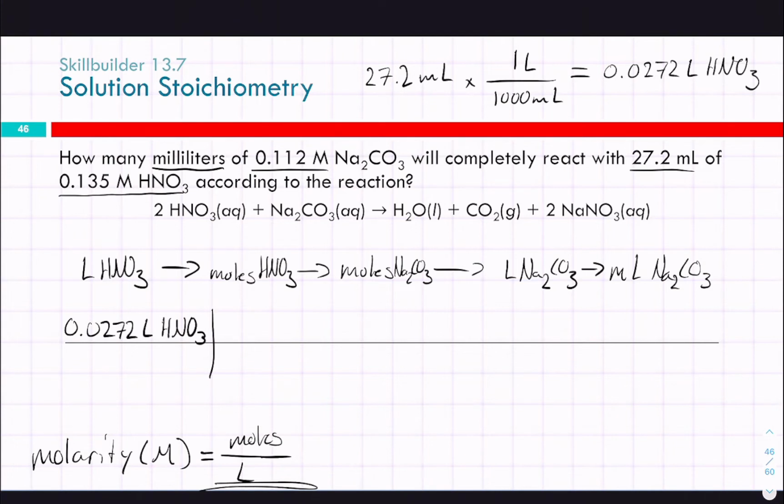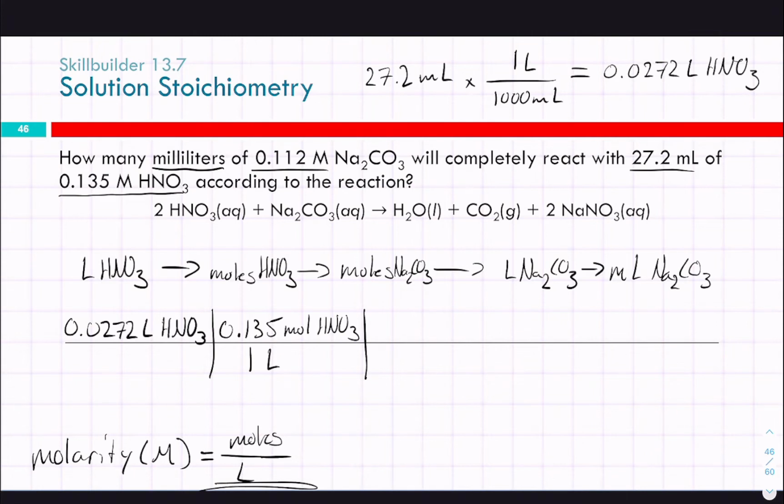And then we use the molarity, which is 0.135 moles of HNO3 per 1 liter. And then we use our mole ratio between nitric acid and sodium carbonate.